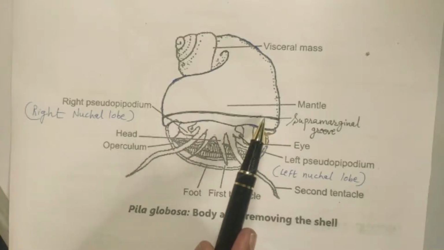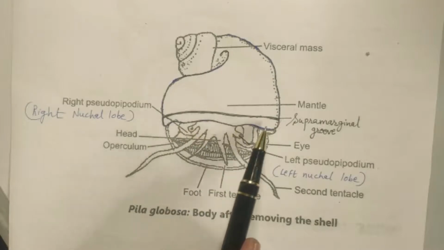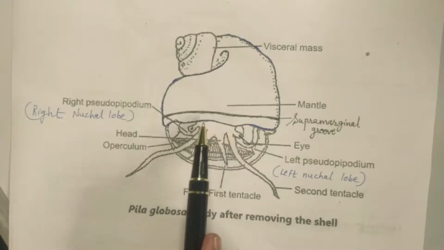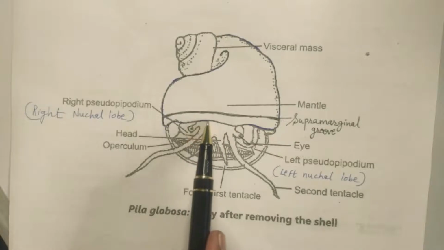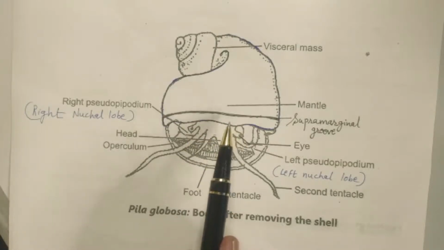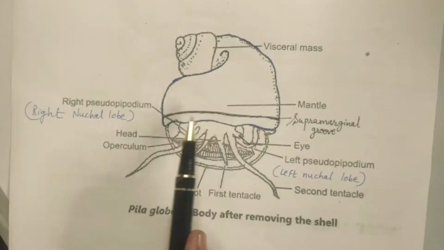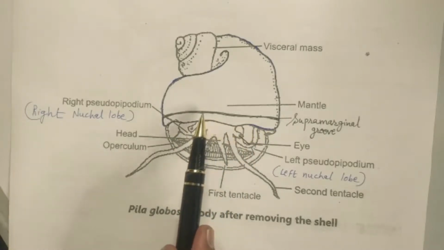This is the groove, the supramarginal groove. And this anterior part of the mantle is thickened, pigmented, and forms a hood around the head. Means around the head, the hood is protected by this mantle part, which is thicker than this part. Okay, above this thickened edge, this groove is present. We call it the supramarginal groove.